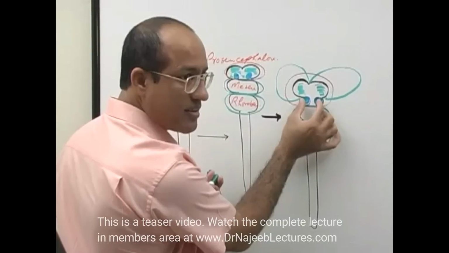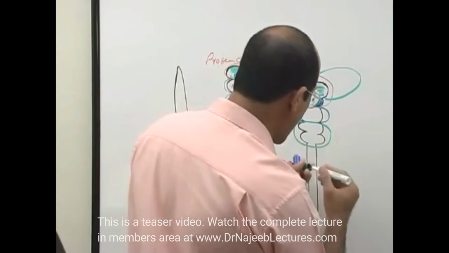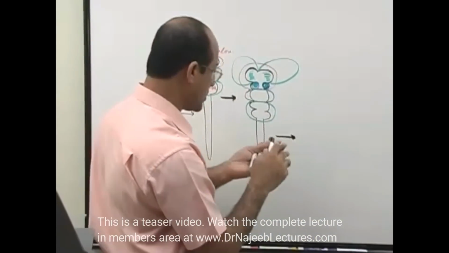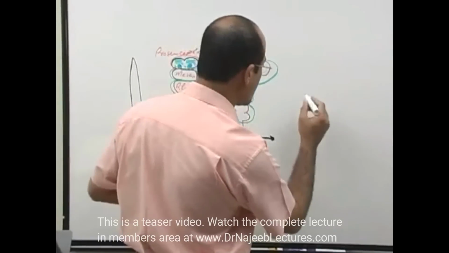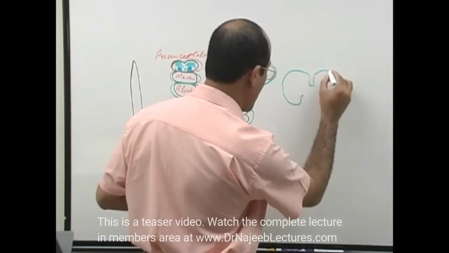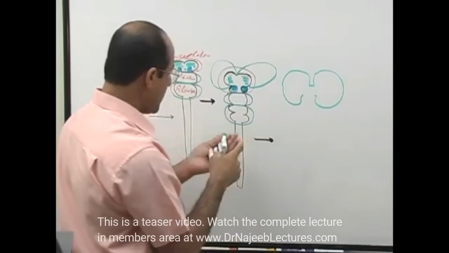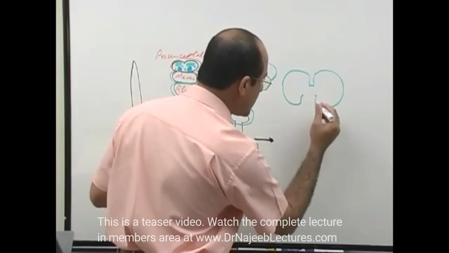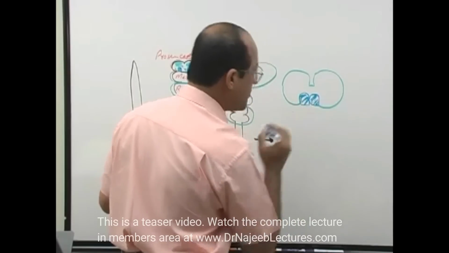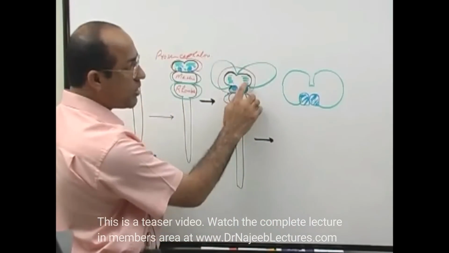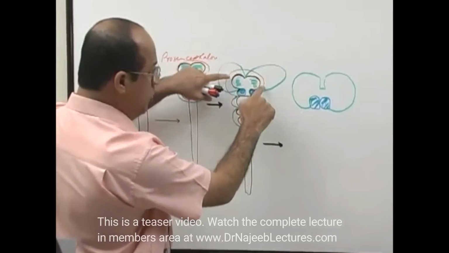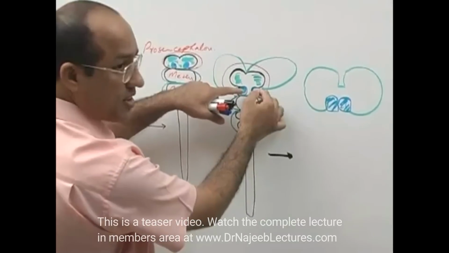So the further development of the central nervous system leads to a situation where the prosencephalon has developed into two parts: upper and outer vesicles and inner and lower vesicles.